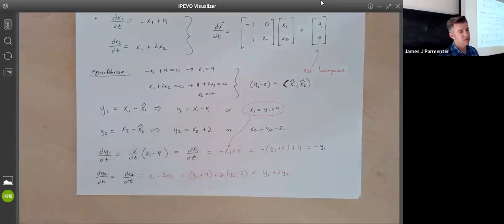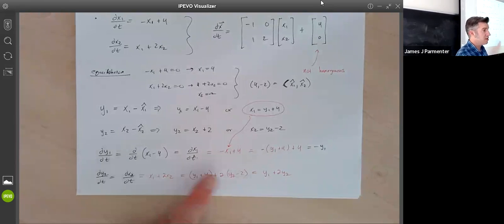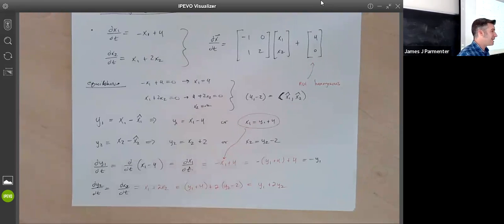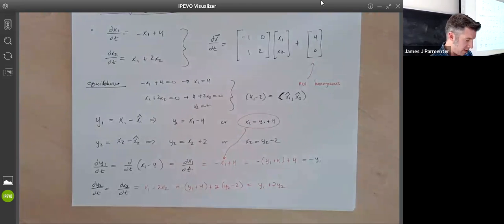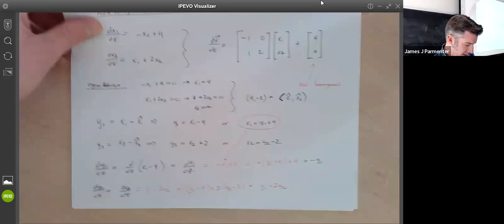So here's what we're trying to achieve with this. We're trying to take our system of non-homogeneous equations and write a related system of homogeneous equations. So now, instead of having this 4 here, look what we've got.